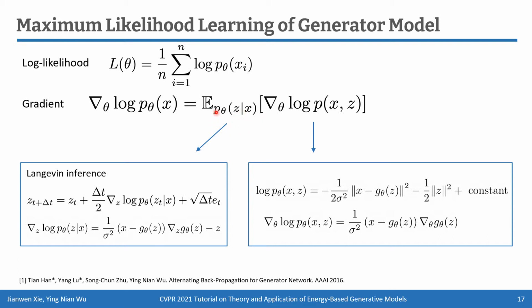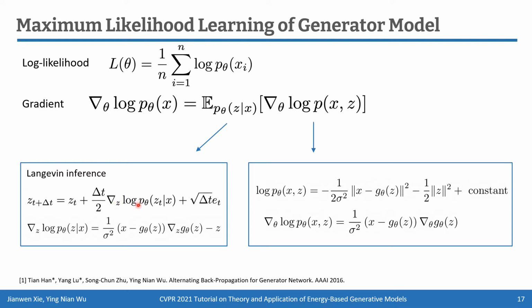And this can be accomplished by, again, Langevin dynamics, where you have this gradient ascent step. That is, you compute the gradient of this log posterior with respect to z, and then you add this Brownian motion or a diffusion term. So then after a number of steps, you draw samples from this posterior distribution.